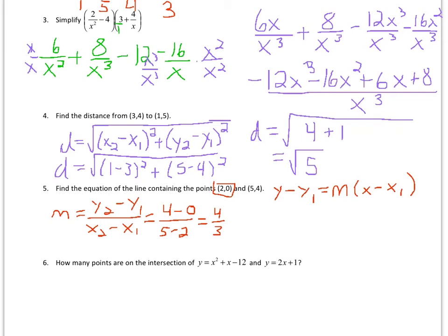So for my y1, I'm going to plug in 0, so that will just give me y equals. For my slope, I'm going to plug in 4/3. And then for my x1, I'm going to plug in 2. So I have y equals 4/3 times x minus 2. And we can distribute the 4/3 to get 4/3 x minus 8/3.